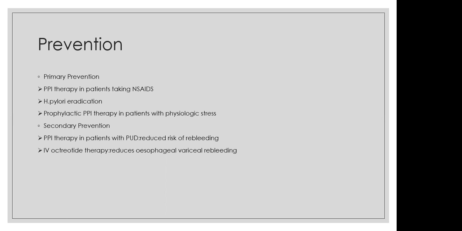Helicobacter pylori eradication is one, as well as prophylactic PPI therapy in patients with physiologic stress. Those are the patients who are critically ill and might be at risk of having those gastric mucosal lesions. And then secondary prevention, PPI therapy in patients with peptic ulcer disease, there's a reduced risk of rebleeding, as well as IV octreotide therapy reduces esophageal variceal bleeding.